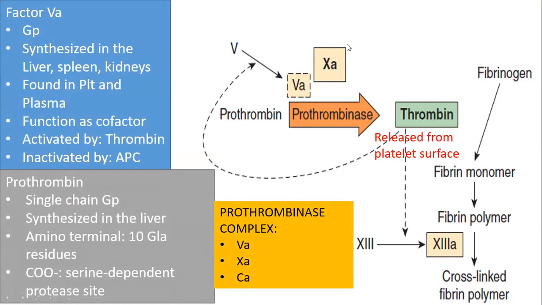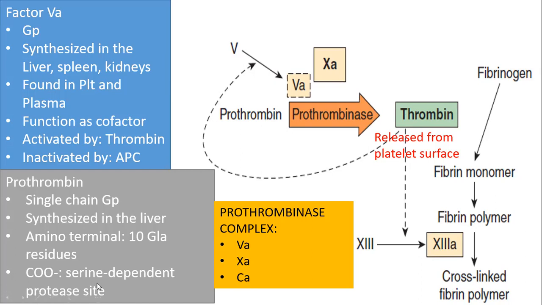That is why we want to activate 10A, because it's needed for the conversion of your prothrombin to thrombin. And your prothrombinase complex also needs calcium. Okay? So prothrombin is a single chain glycoprotein that is synthesized in the liver. It's also a vitamin K dependent clotting factor, otherwise known as your factor 2.